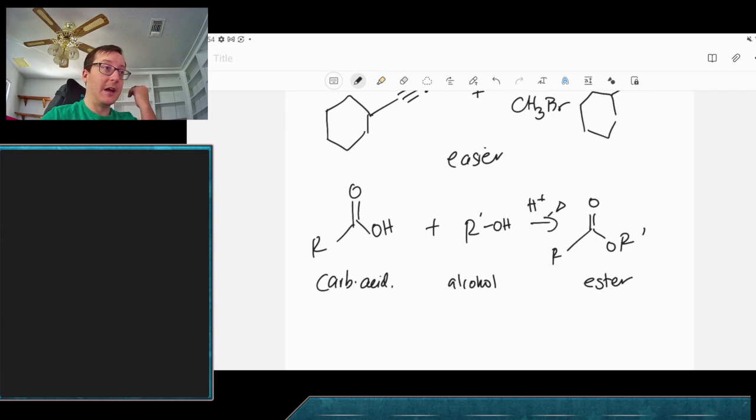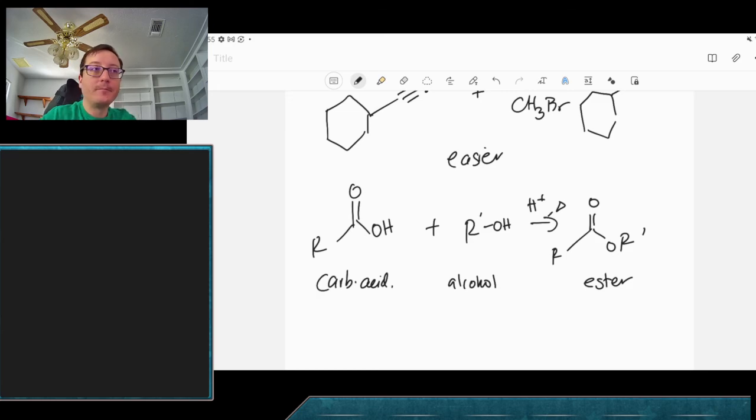So how do you make carboxylic acids? Oxidative cleavage, or oxidizing a primary alcohol. Alcohols you make from the normal ways you make alcohols, and then you can make the ester. So one more addition to your toolkit there. All this stuff is very useful for you to be able to work with.